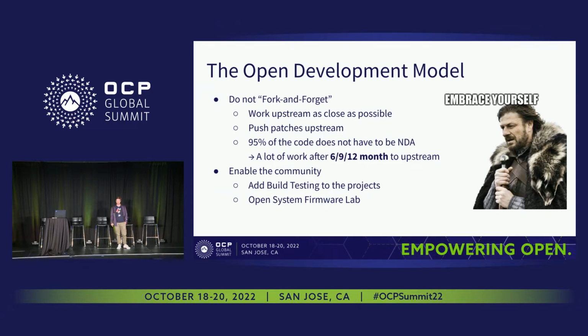We experience now that if you keep a bigger chunk of the code in a private repository, and say you want to upstream it after 6, 9, 12, or 18 months, or whatever time frame, that's a lot of work. So we spent the last weeks really rebasing everything on top of the coreboot master tip to make it run again, because if you develop it privately for 12 months, obviously the upstream repository moves on, right?